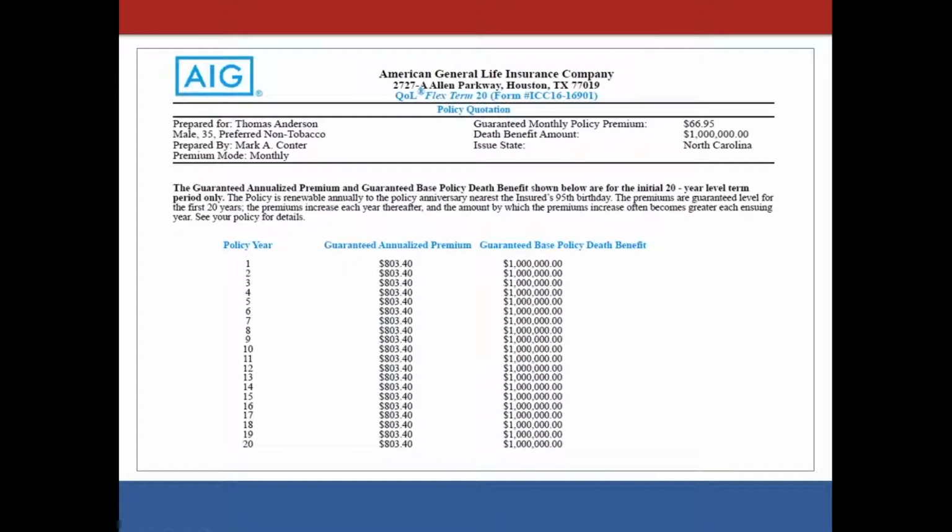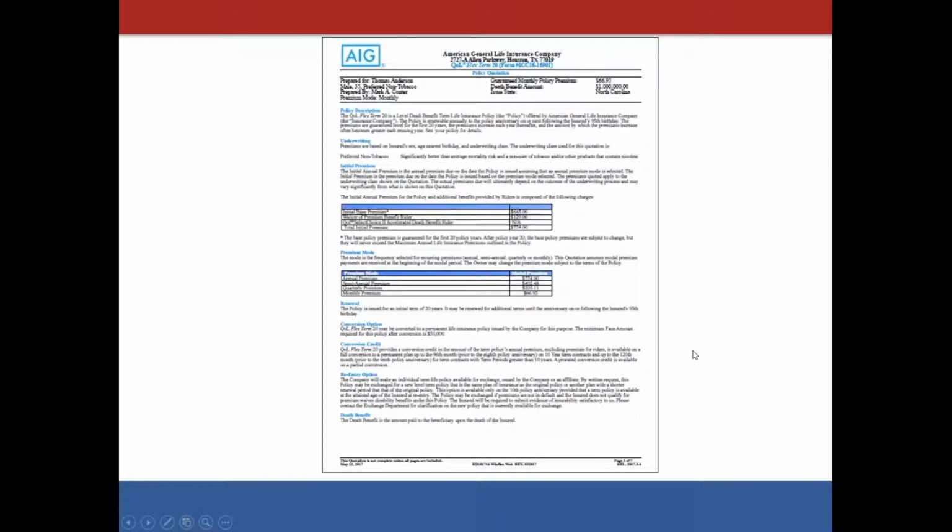So again, I apologize that as we go through the terms here, this page is still pretty clean, pretty clear. We've got Thomas in with that preferred non-tobacco rate. We've also got this set up for him with a death benefit, which we can see. And then as we get into it more, we're going to determine that it's not quite the quality that we need to see, which again, we're going to have next week.